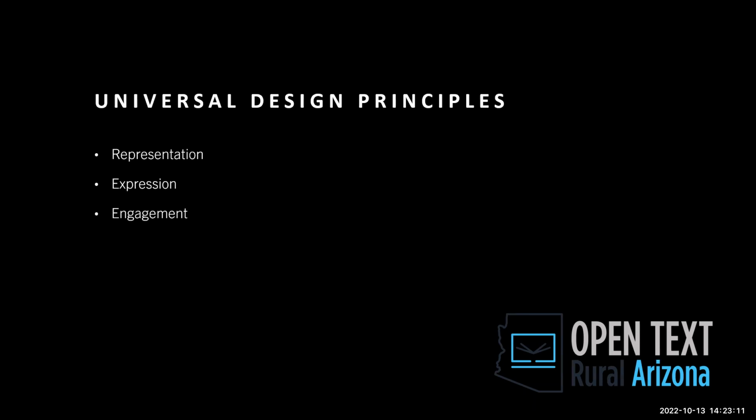And the three universal design principles are representation, expression, and engagement, right? So if the four accessible principles are really about how we're arranging content and how we're reproducing content for our students to engage, the universal design principles are kind of on the flip side of that. And they're really sort of the theoretical or conceptual approaches to what it is that we're trying to accomplish with our students.